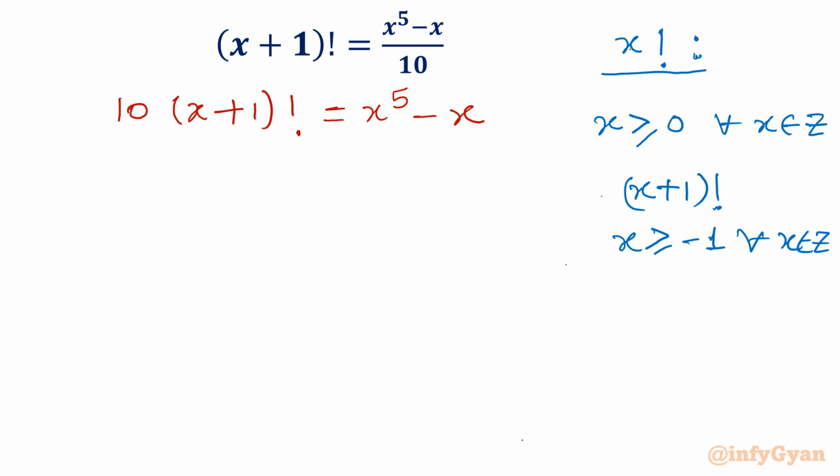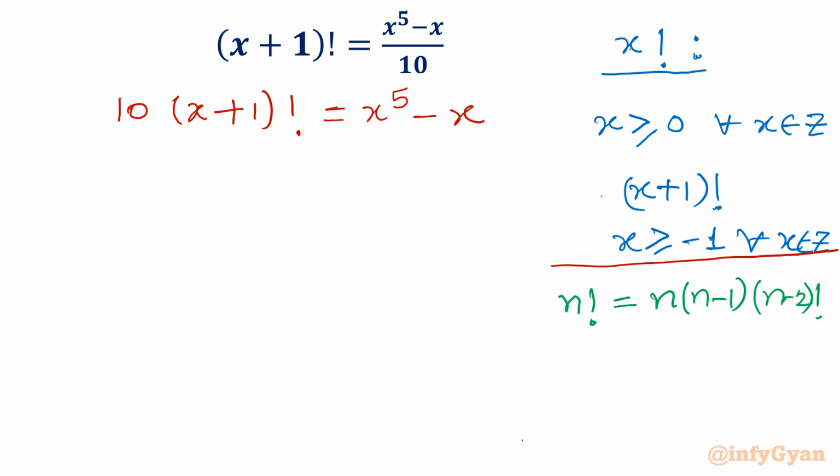Now, recursive formula. We know that the recursive formula is something where, let me write, n factorial equals n times (n minus 1) times (n minus 2) factorial, and so on. If it is useful, then I can take this series up to (n minus 5) factorial.